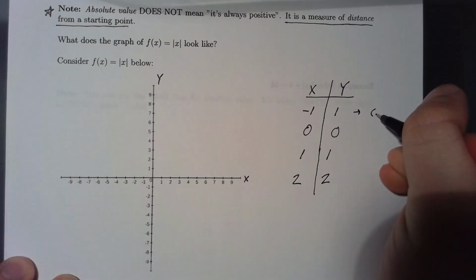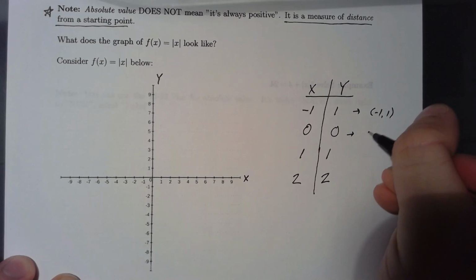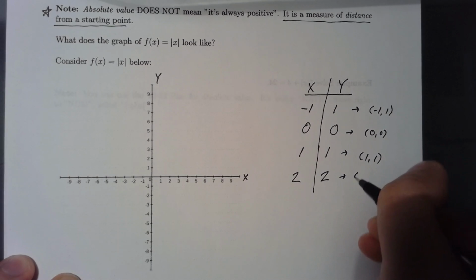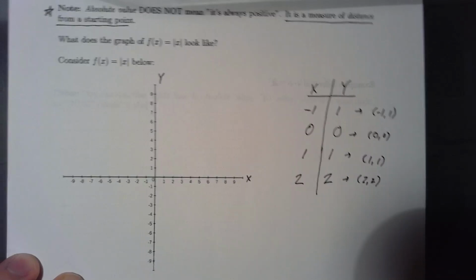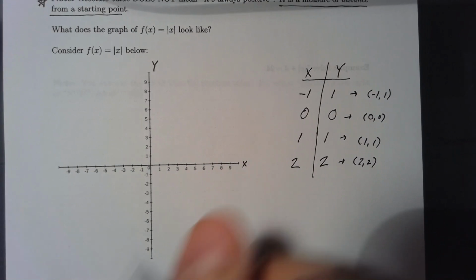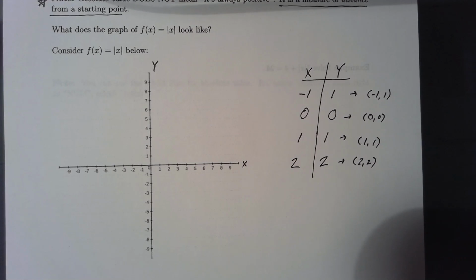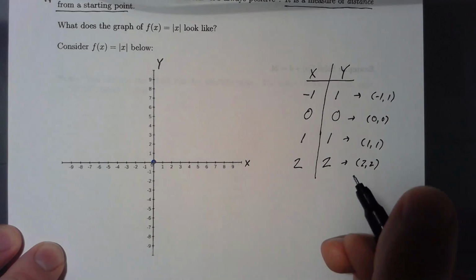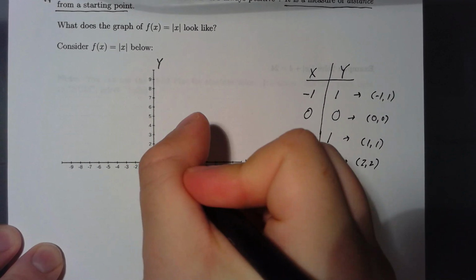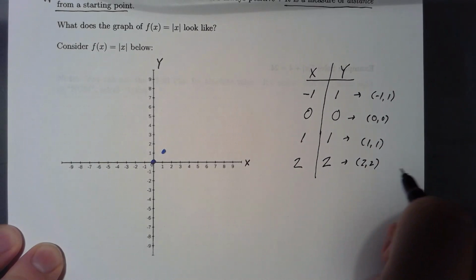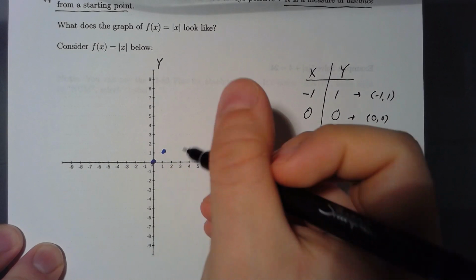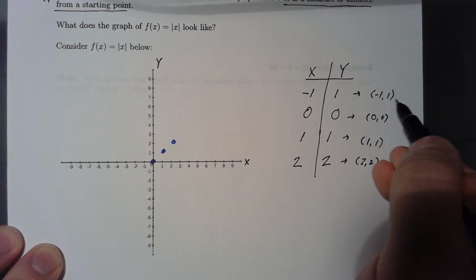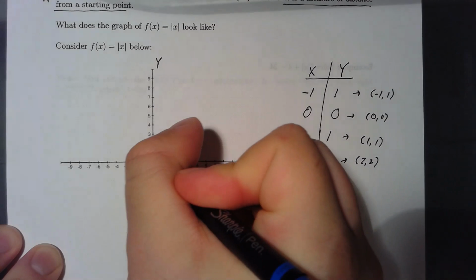So if I plug in these ordered pairs, or if I plot them on my graph, right? So 0, 0, that's easy. I mean, they're all easy, but I'll go through it anyway. 0, 0; 1, 1; 2, 2, so to the right 2, up 2. -1, 1, which is to the left 1, up 1.